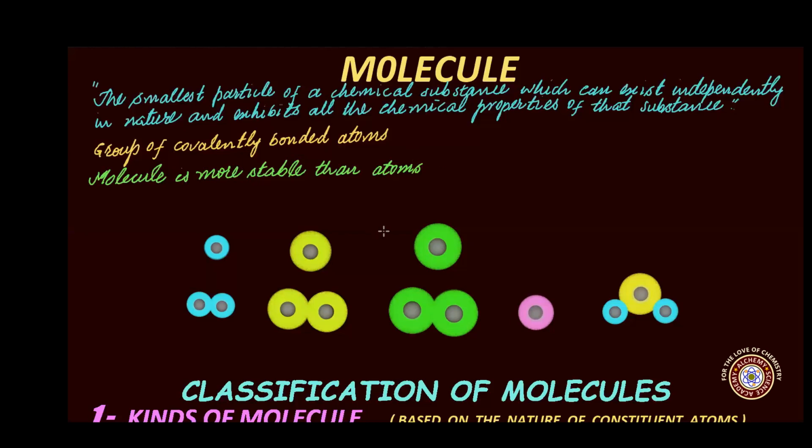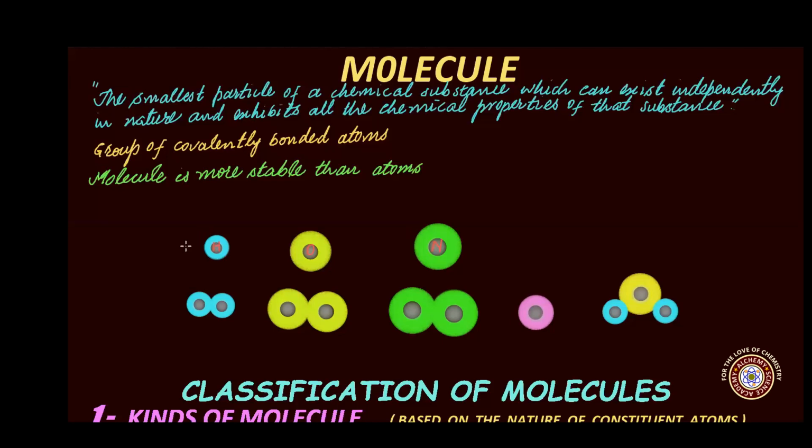Now let us see why some particles are said to be molecules and others cannot be termed molecules. For example, here we have some particles. This is a hydrogen atom, this is an oxygen atom, and this one is a nitrogen atom.